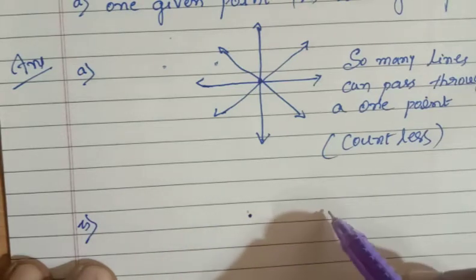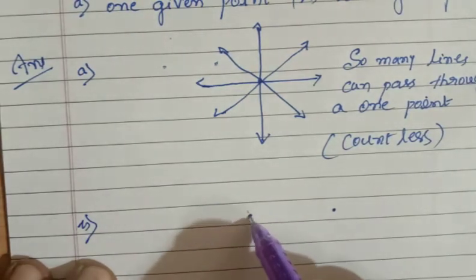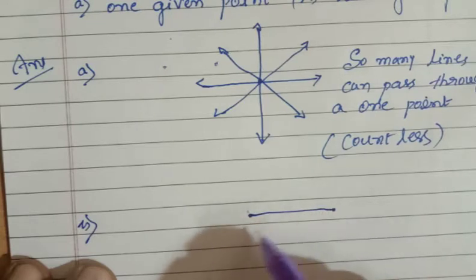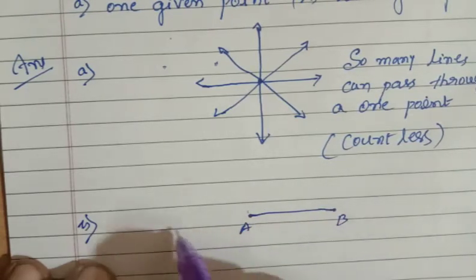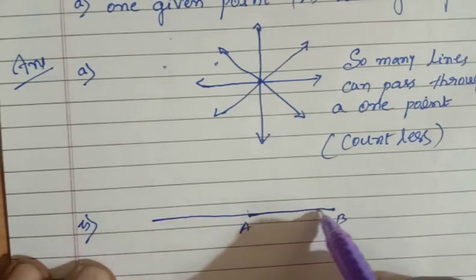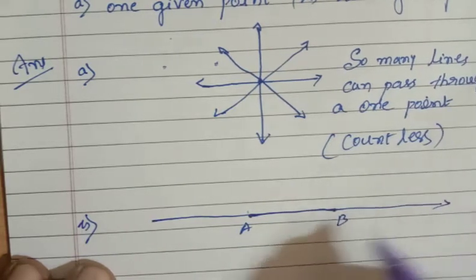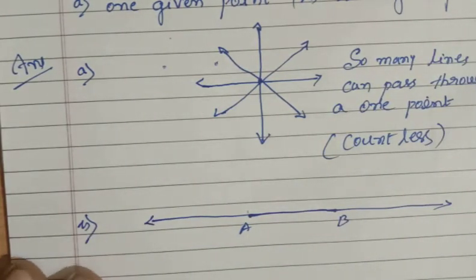Now the second one: two points are given, point A and point B. Only one line can pass through two distinct points.